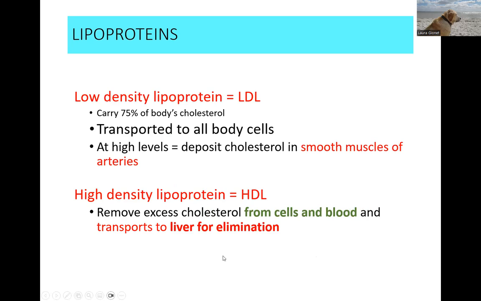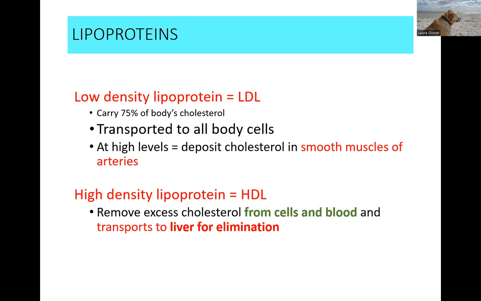Low density lipoproteins carry about 75% of the body's cholesterol and it is transported to all body cells. At high levels, they can deposit cholesterol in smooth muscles of arteries and things. So you want to keep your low density lipoproteins low and your high density lipoproteins, percentage-wise, high. Because LDLs have a tendency to deposit cholesterol in smooth muscles, especially those of arteries.